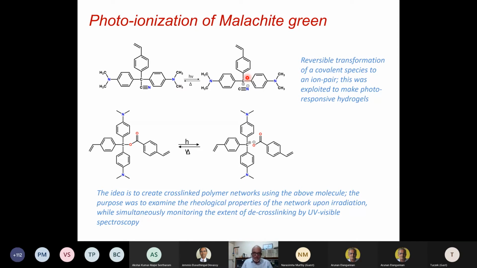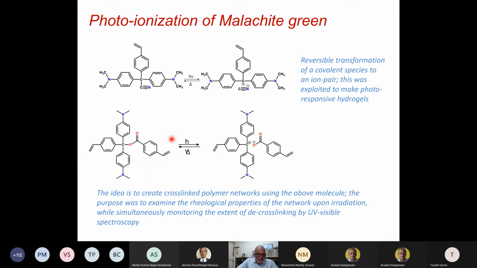So the idea that we had is to exploit this light-induced cleavage of a bond to generate two entities, an ion pair. Okay, so what we wanted to do, in fact, Gabriel started with this, but we didn't succeed, is to make a crosslinker.